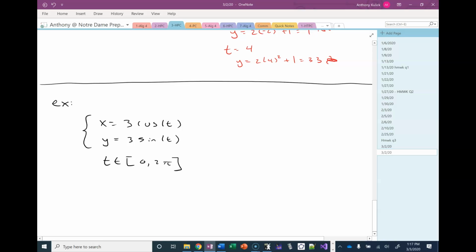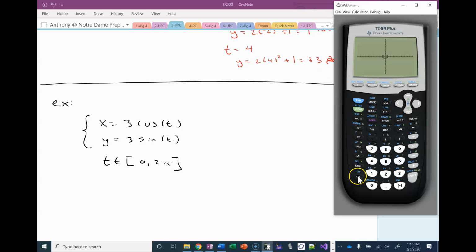Well, let's look at what the graph of this would be. Okay, so that's all set. What shape is the graph? A circle, right?